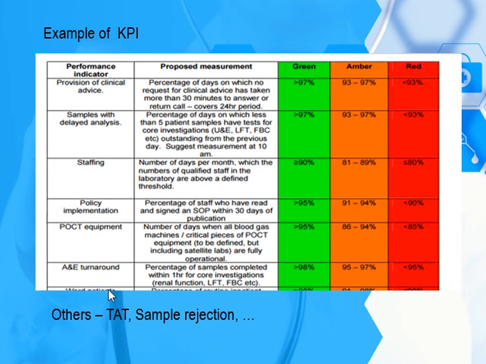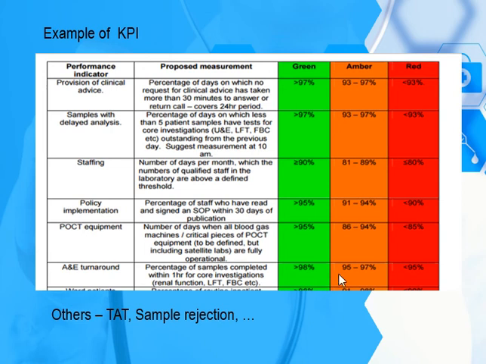Okay, so we go one example here, the A&E turnaround time. The lab sets the A&E turnaround time of 1 hour. You see here, percentage of samples completed within 1 hour for core investigation, and it says more than 98% of the samples which can be completed within 1 hour is acceptable.